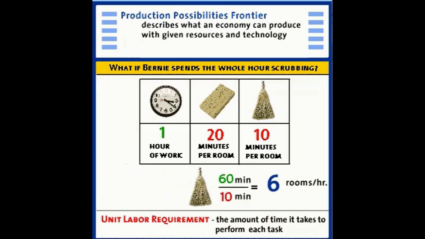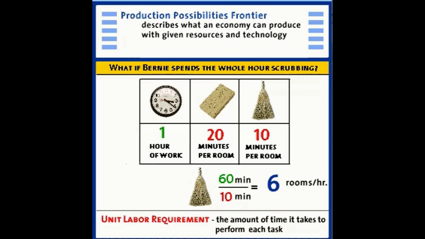So we'll use these numbers then to represent Bernie's productivity. That is, if Bernie spends all of his time scrubbing, in an hour he can scrub 3 rooms. If Bernie spends an hour sweeping, he can sweep 6 rooms. Now, of course, if Bernie has an hour to work, he needn't do all sweeping or all scrubbing. In fact, he can do any combination of the two.